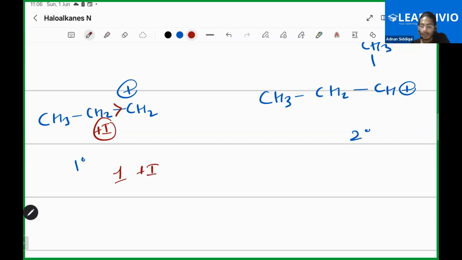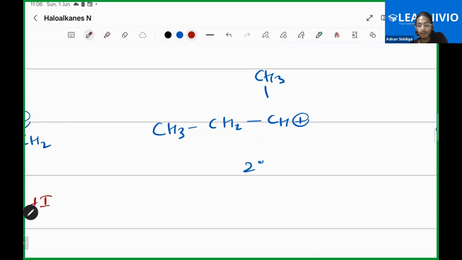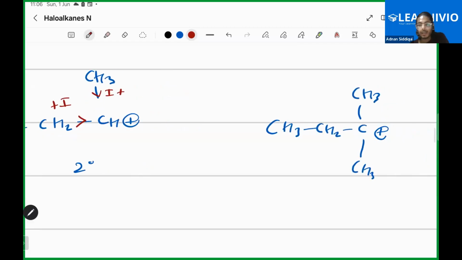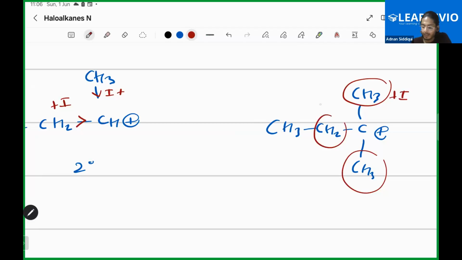But for a 2 degree carbocation, how many neighbors does it have? Two. So rather than having one friend, it has two friends, and both of them are helping by giving some of their own money by plus I. Here he has three friends, so they are giving money again.